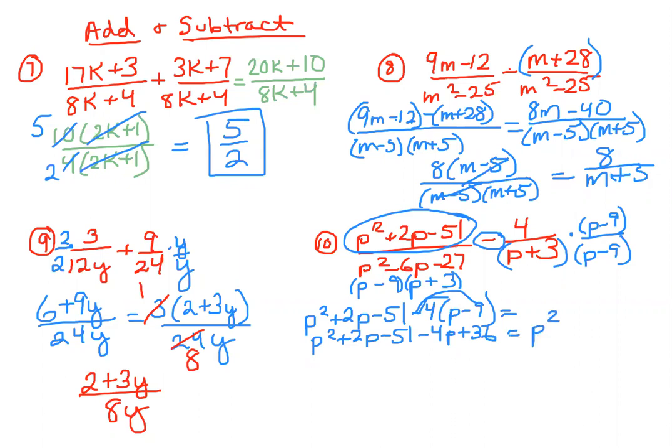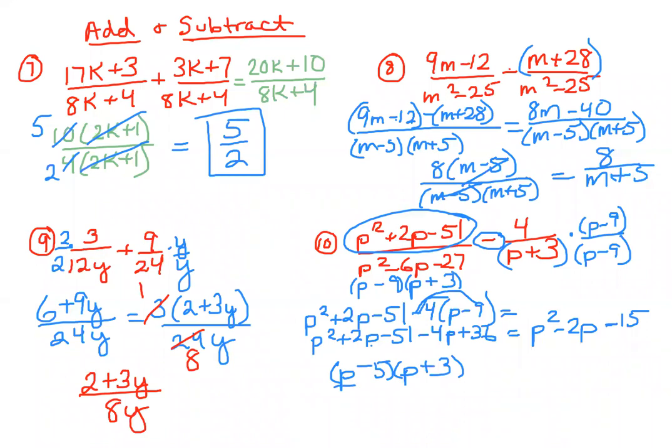Then we got 2p minus 4p, so that's negative 2p, and negative 51 plus 36, which is negative 15. And if we factor that, we get 5 and 3, negative, plus.